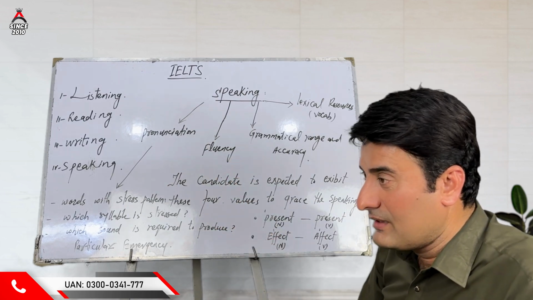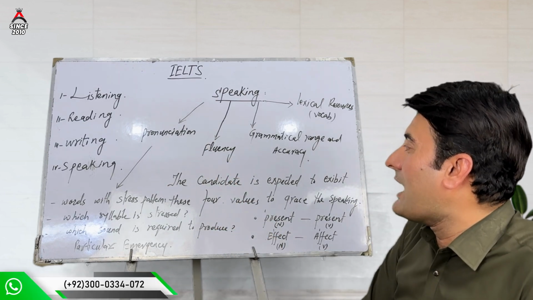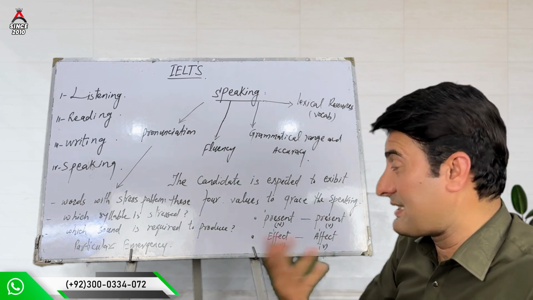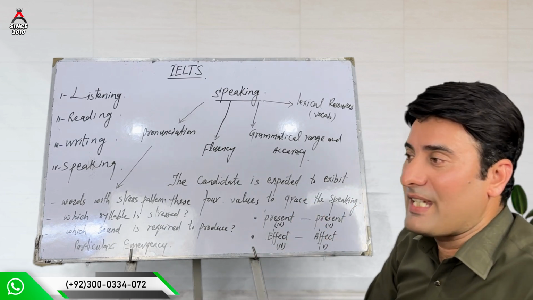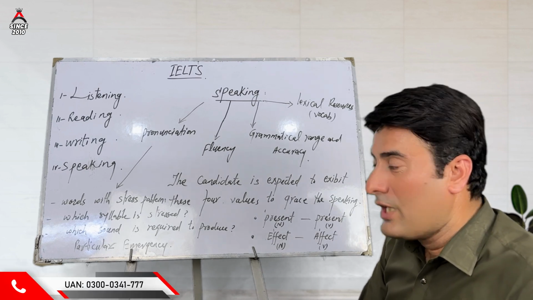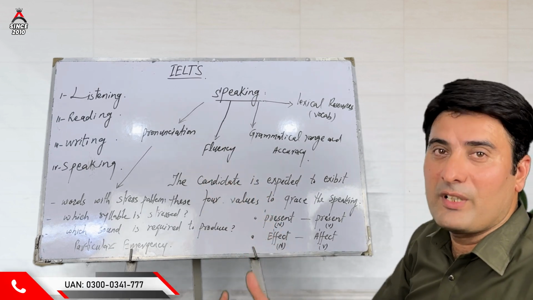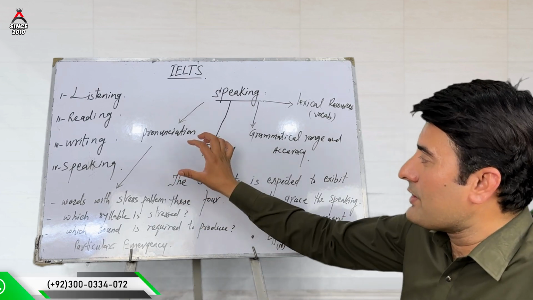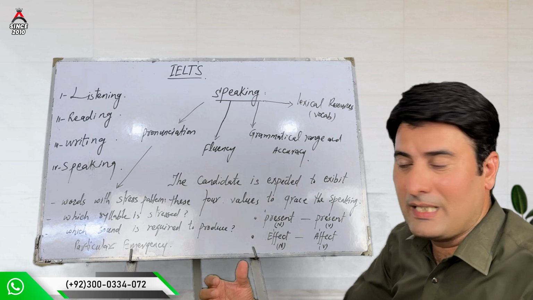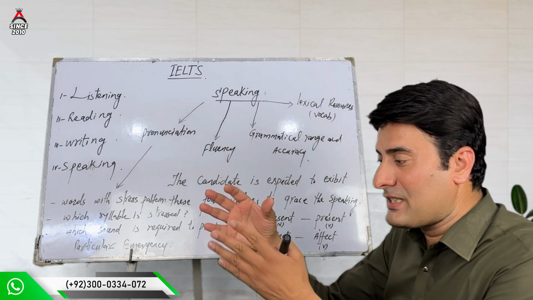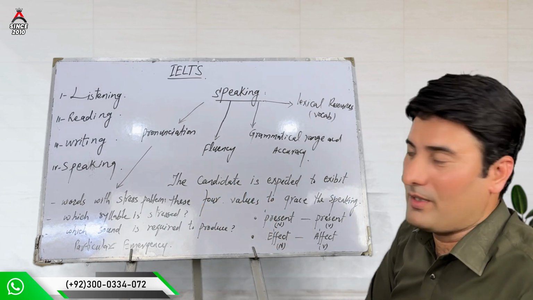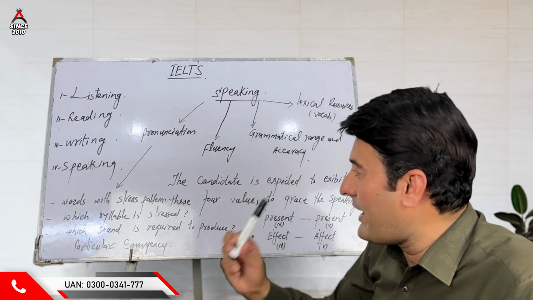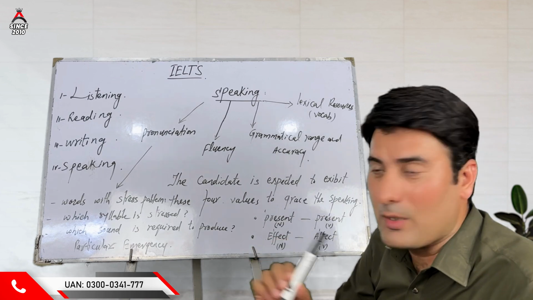Accent doesn't matter because, fortunately or unfortunately, we are non-native speakers, and since our first language is Punjabi or Urdu, that first language influence is vivid. Therefore, most of the time, we pronounce a word in a way that exhibits the first language effect on it. So when we talk about pronunciation, we must be aware of how to pronounce the words.